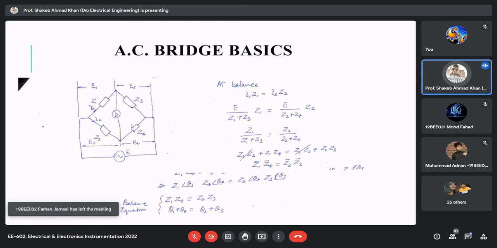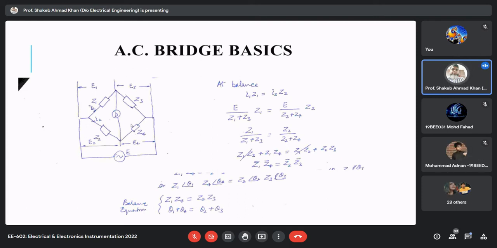Like in an AC bridge, one of the arms is your standard variable resistance, so that arm will be manipulated or varied to balance the bridge. Similarly, we require that here also. So in most cases you will see that instead of one component, we use two components.